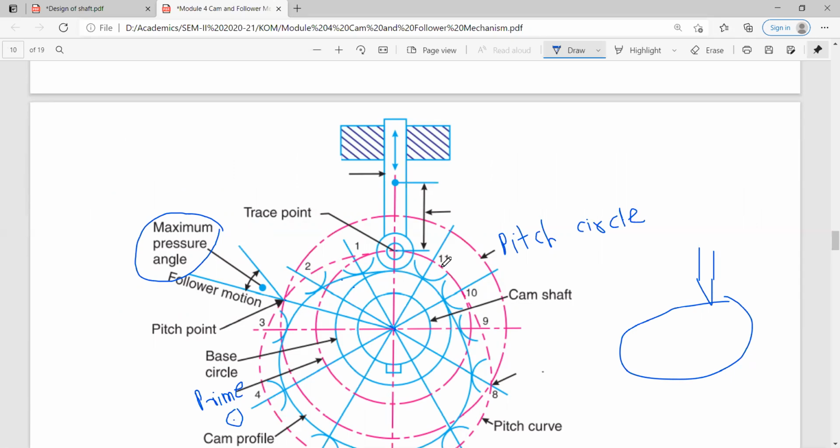And when cam will rotate, it will go up maximum, say up to this point. So it will be moving from point 1 to point 2 here, like this. So the distance between these two extreme points, lowest and topmost point, is called as lift of the follower, or also known as stroke of the follower.